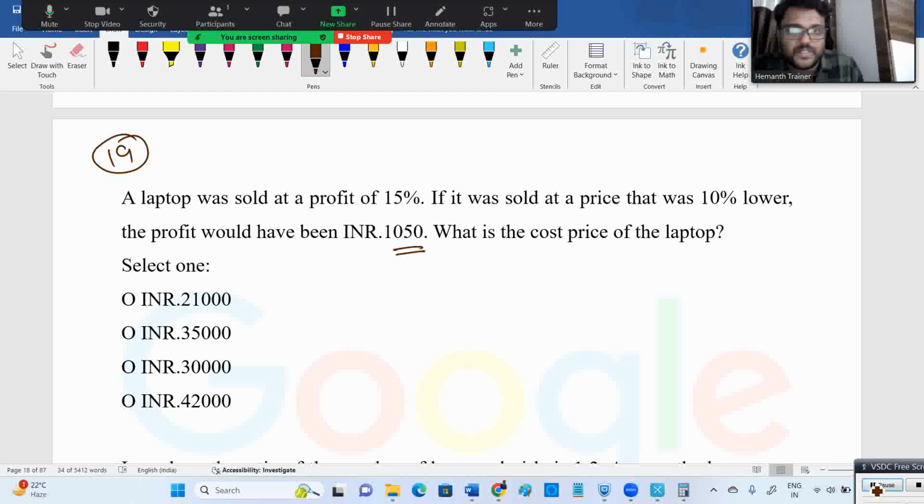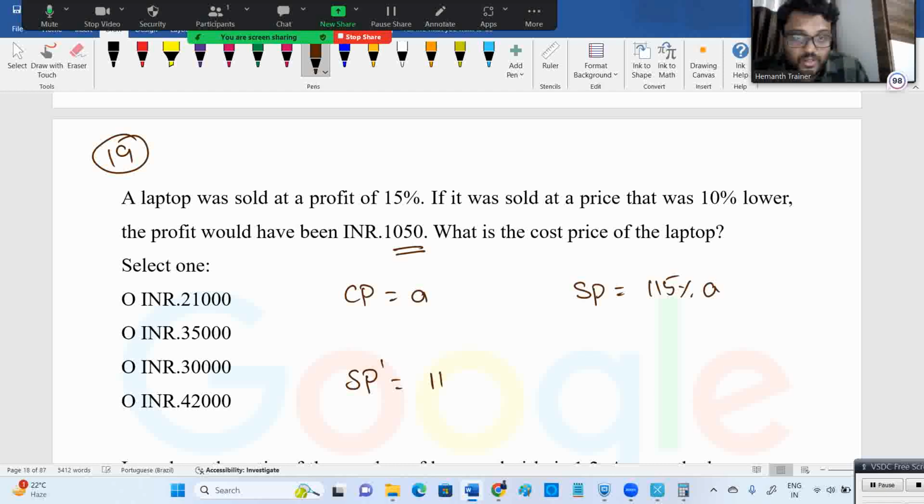See here, if you observe, let us consider as per our assumptions, it's a better way of doing. Let us say cost price is A, then selling price will be 115% of A. Why 115% of A? Because it is 15% profit, right? But he sold 10% lower, so 10% decreased means 90%.